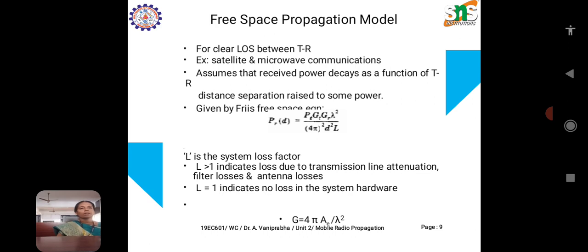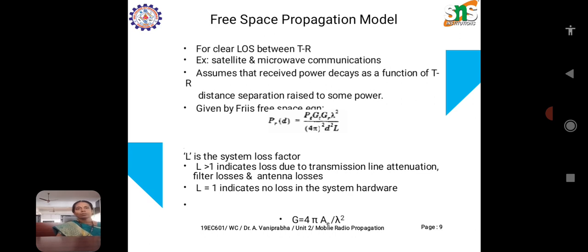Even then, the receiver which is in sight with the transmitter gains the signal with maximum power or good signal strength. That is referred to as line of sight. For a clear line of sight between the transmitter and receiver, the received signal power will have the maximum signal strength. For example, satellite or microwave communication can be the best example for clear line of sight.